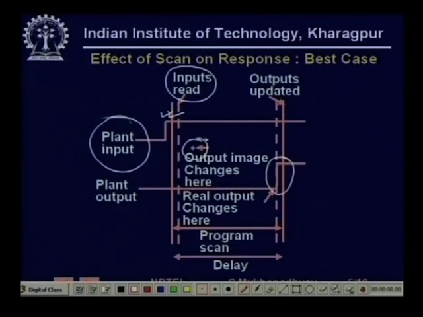Then during execution, this is the point where the ith statement gets executed. So, actually in the processor memory, the output changes at this point of time. However, it does not go to the physical world till the whole program execution has completed, as we have said.